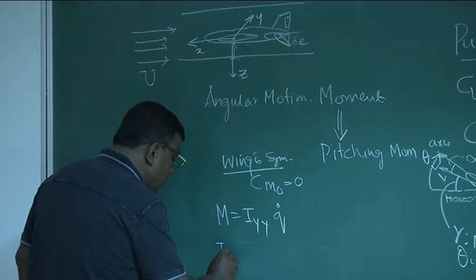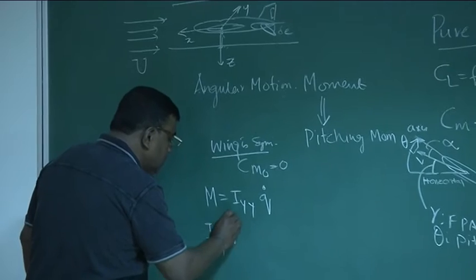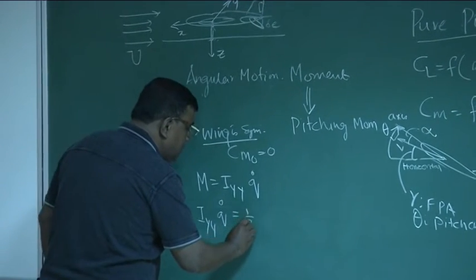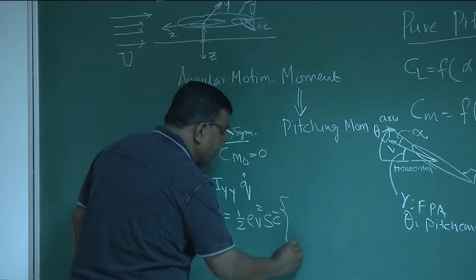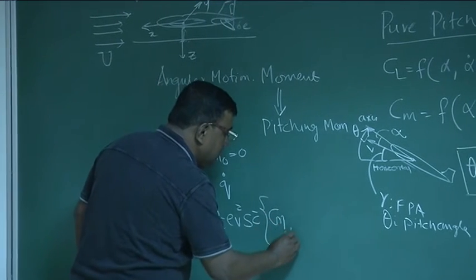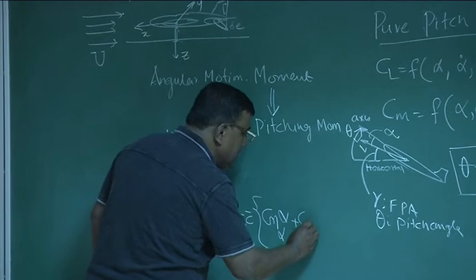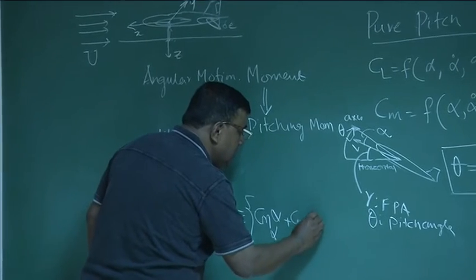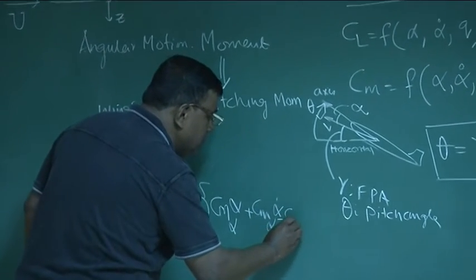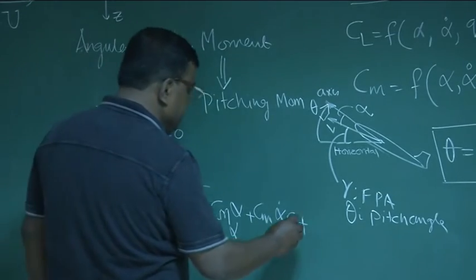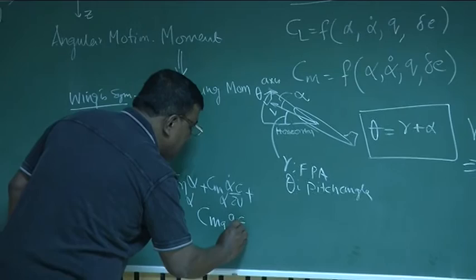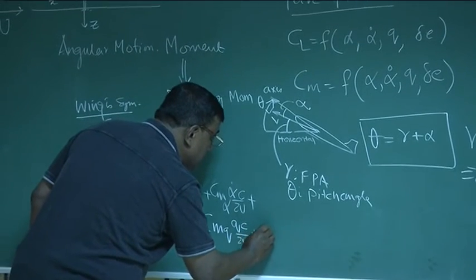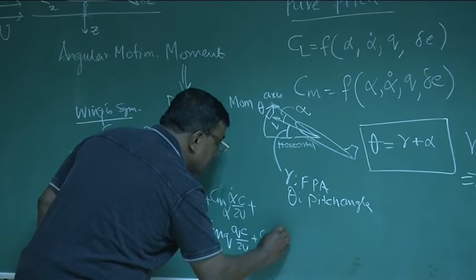I_y q dot equals the moment, which is half rho v squared S c bar into Cm alpha into alpha plus Cm alpha dot into alpha dot c by 2u plus Cm q into q c by 2u plus Cm delta E into delta E.